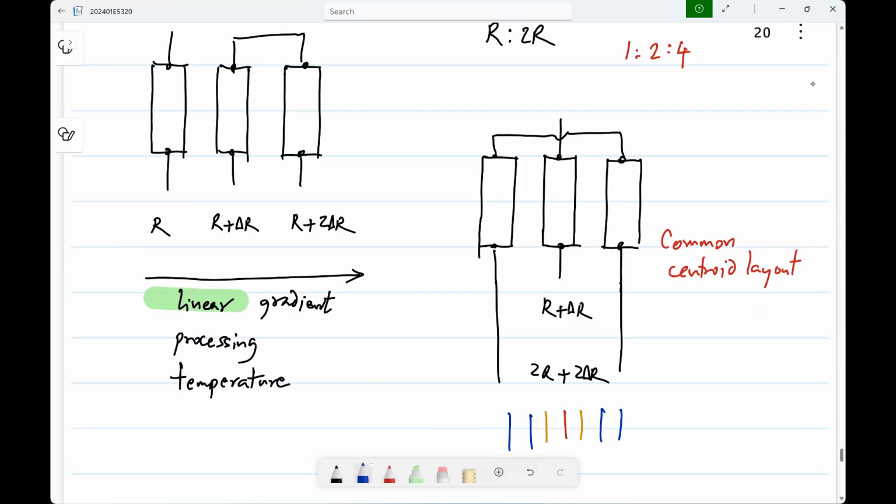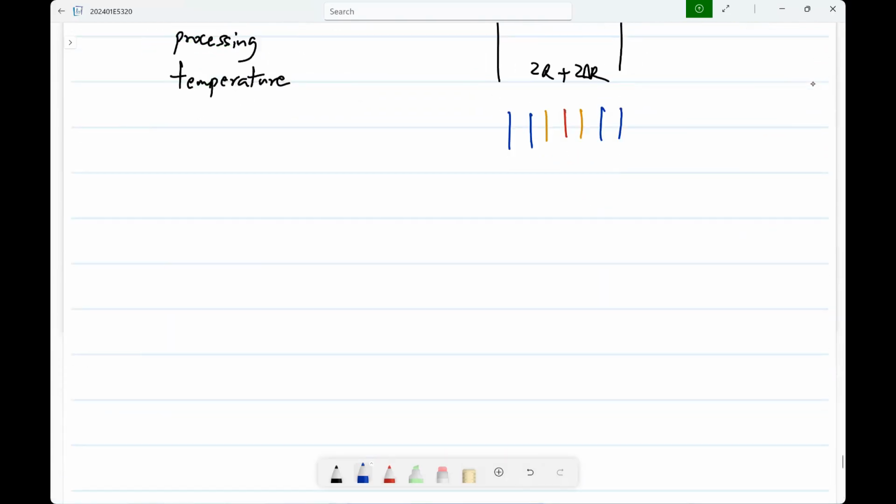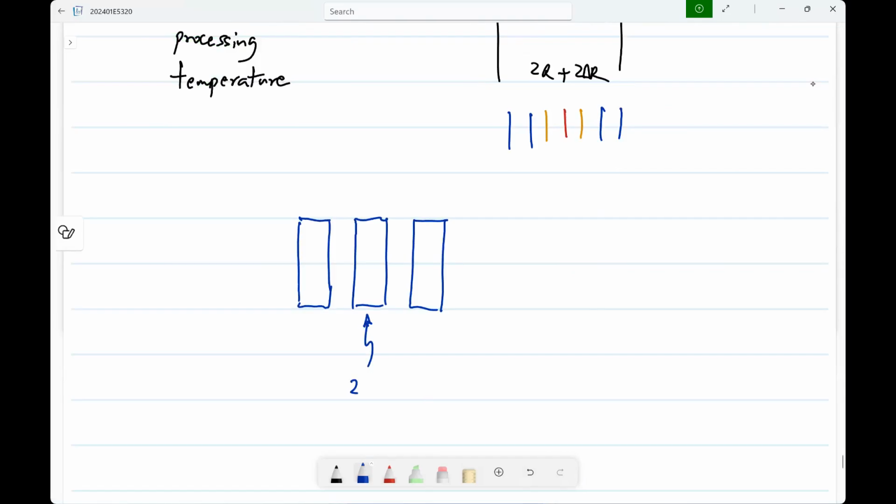Now there are other things that can matter, and this is also very common, routinely used. Even if you make this the central one R and the other two 2R, there'll still be a difference between these three because this has two neighbors, one on each side.